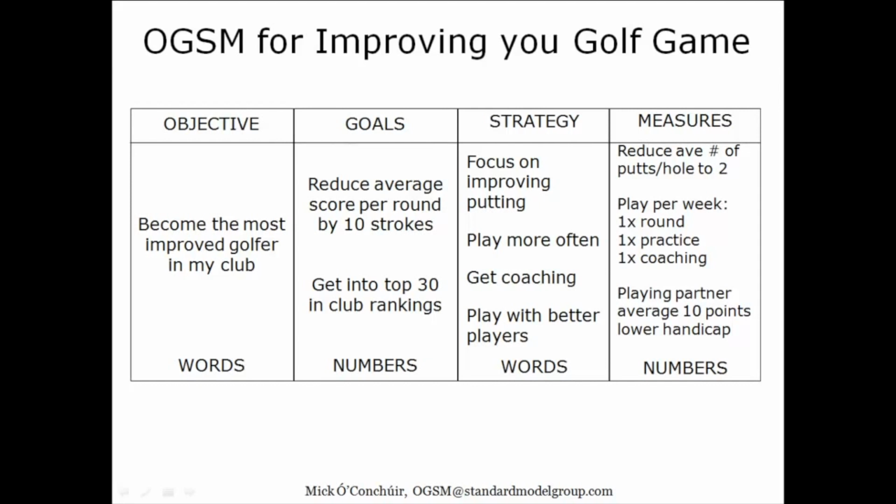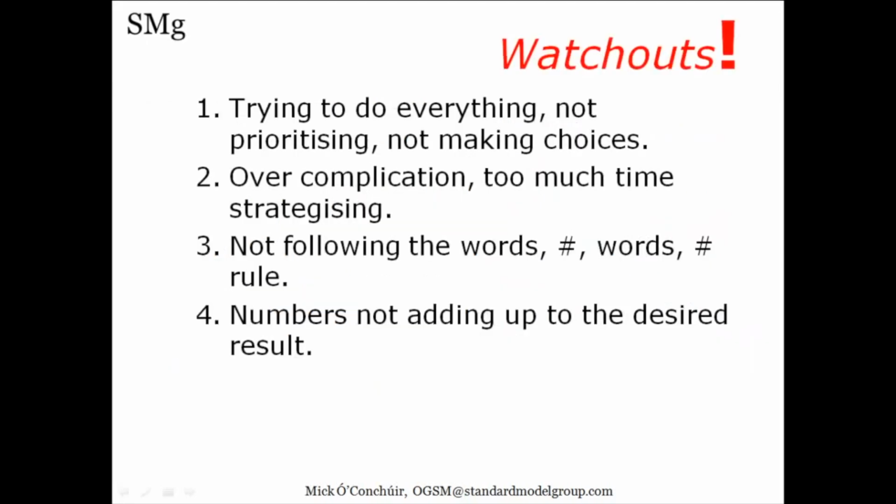The goals, these being numeric and objectively assessable. Getting into the top 30 in club rankings is a binary measure, whereas the 10 strokes is a specific numeric one. Within strategy, the idea of focus is very important and very useful. And these measures then clarify each of these strategies in order to give a whole understandable strategic plan.